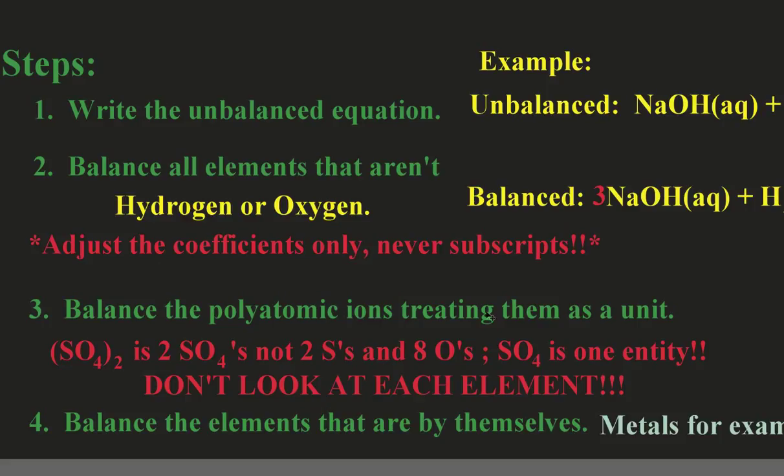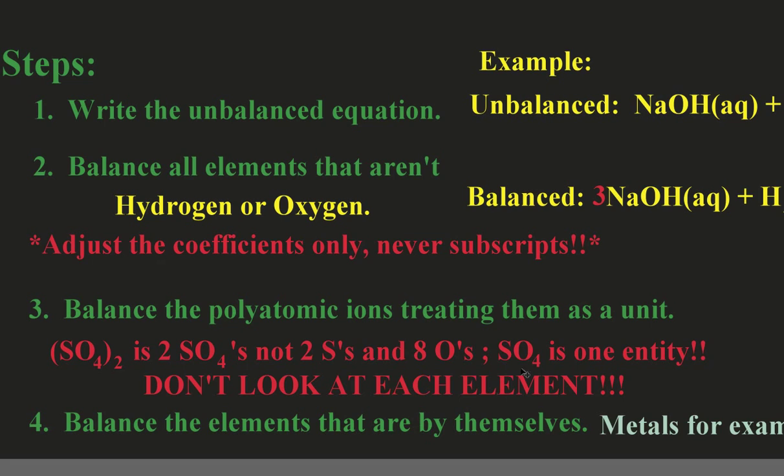So we did the polyatomic ions, treating them as one unit. Very important. Don't look at each element individually. Only look at it as a unit. So SO4 subscript 2 means there's 2 SO4s, not 2 sulfurs and 8 oxygens. Alright? Makes things a lot more complex that way.